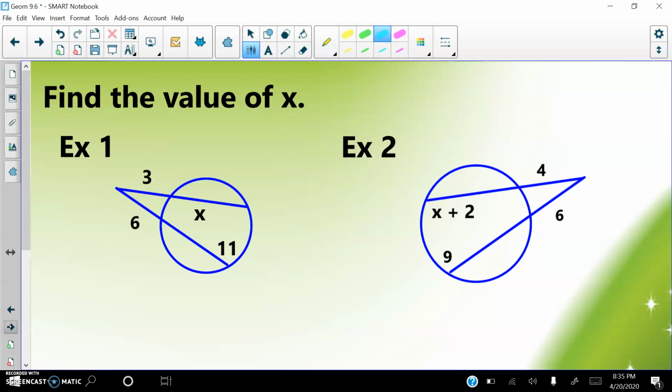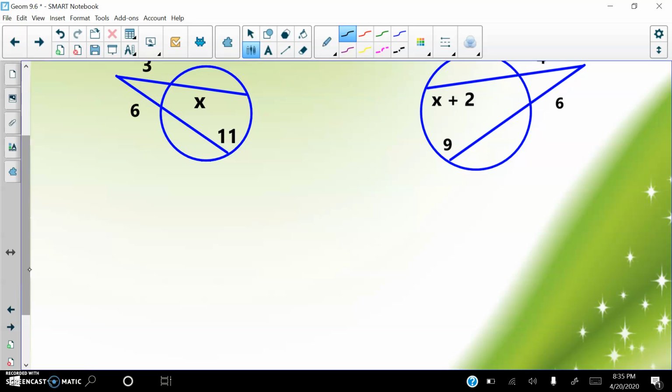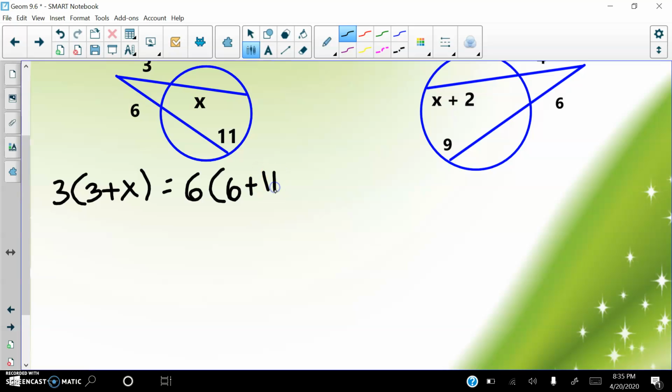All right, so we are going to find the value of x here. The outside 3 times the whole thing, 3 plus x, is equal to the outside 6 times the whole thing, 6 plus 11. Let's clean this up.